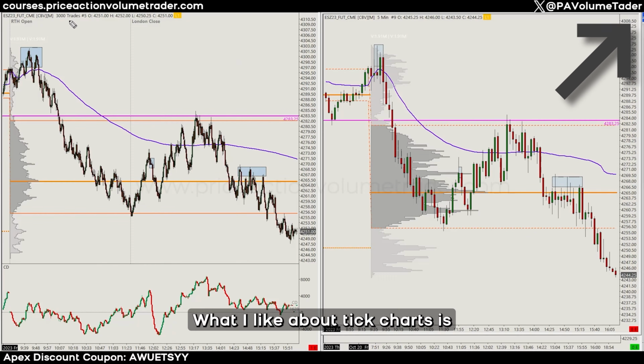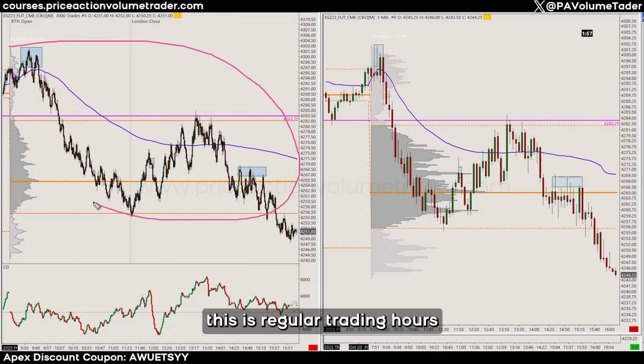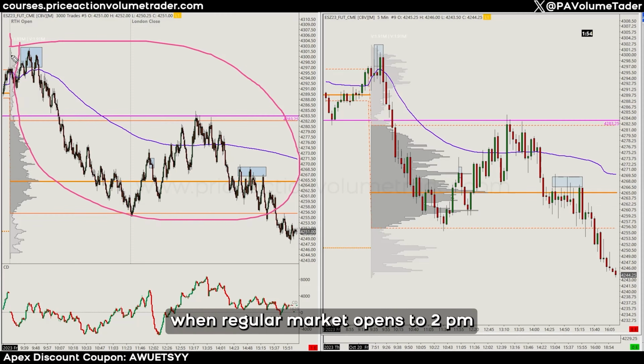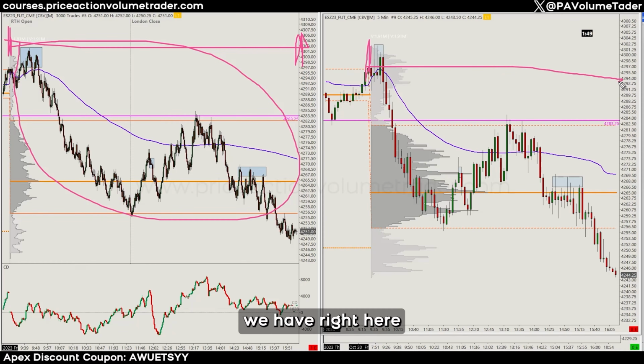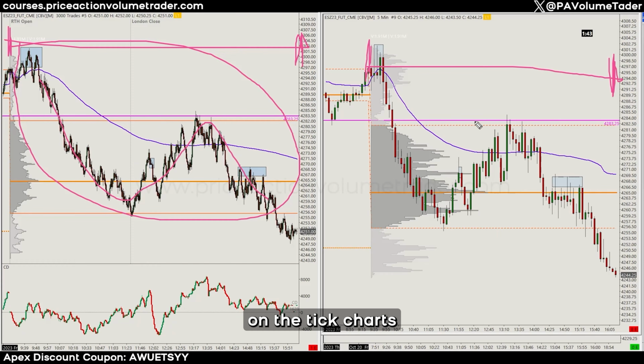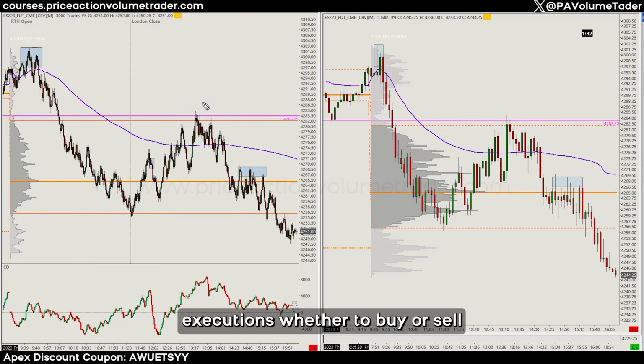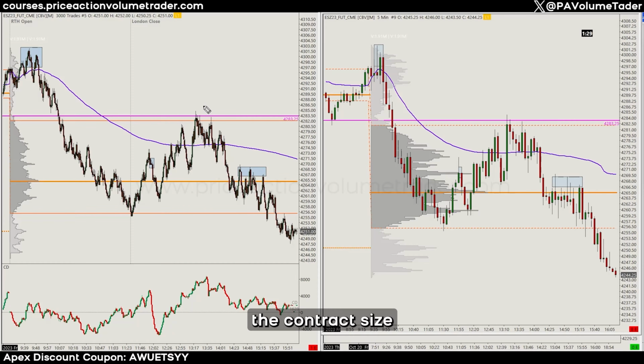What I like about tick charts is it filters out a lot of the noise, especially when there's a lot of volume activity. So for example, here, this is regular trading hours from 9:30 a.m. when regular market opens to 2 p.m. This is the same period we have right here, but look how much more detail I have on the tick charts versus the 5-minute charts, because the tick chart is showing me, in this case, every 3000 executions, whether buy or sell, no matter the contract size.